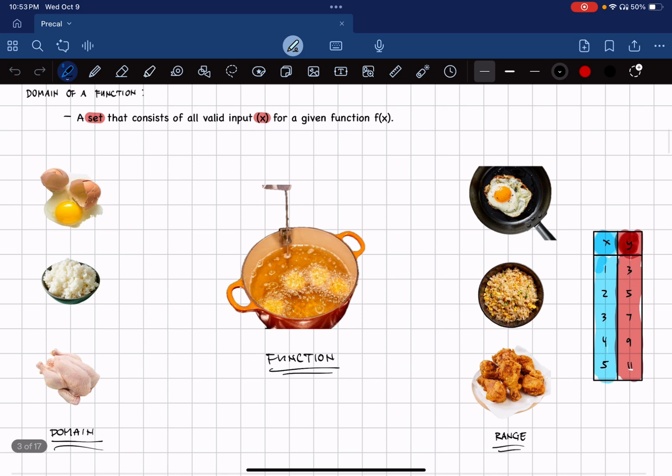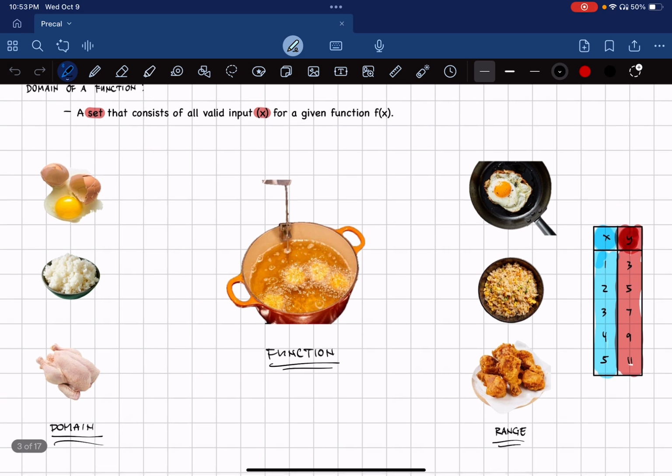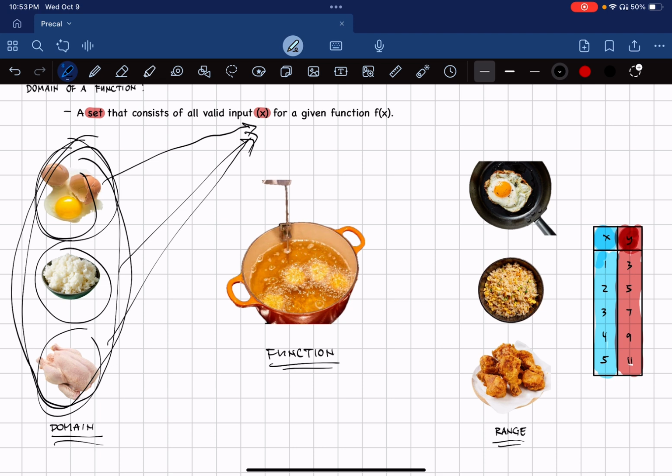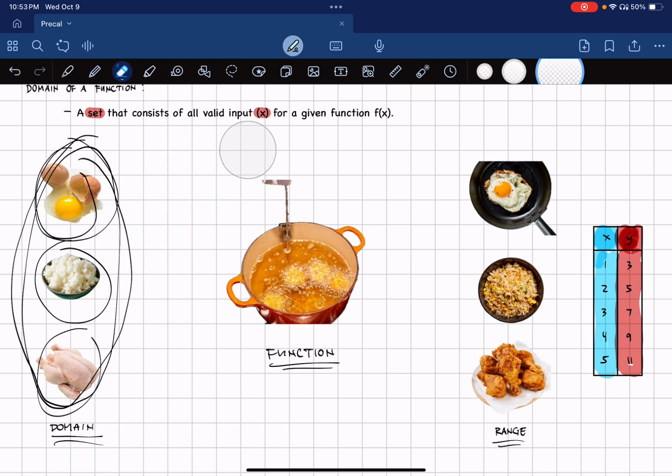Now, for analogy lamang, we have here raw ingredients. We have a raw egg, a rice, bahaw ni siya, and then chicken, in which kini is the x nato, tagsa sa x, and then sold ni sila sa domain sa function.